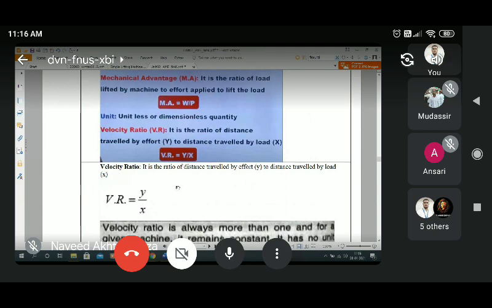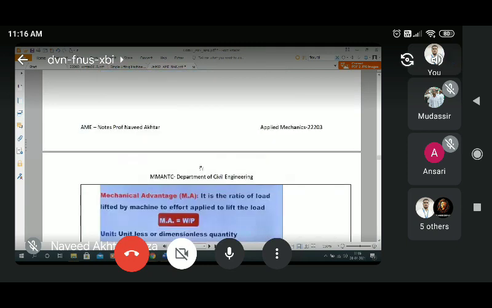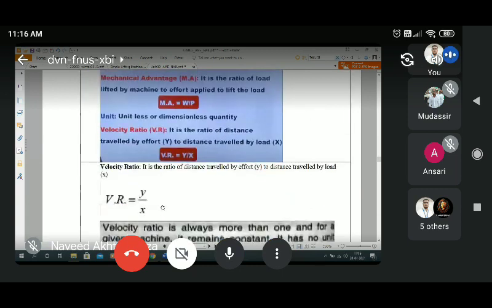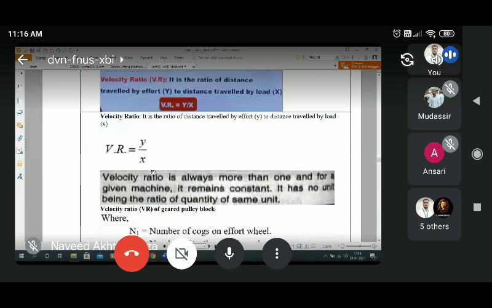So what is the velocity ratio? It is the ratio of displacement of the effort to the displacement of the load, or the ratio of the distance traveled by the effort to the distance traveled by the load. Simply, we can say that the velocity ratio is y upon x.